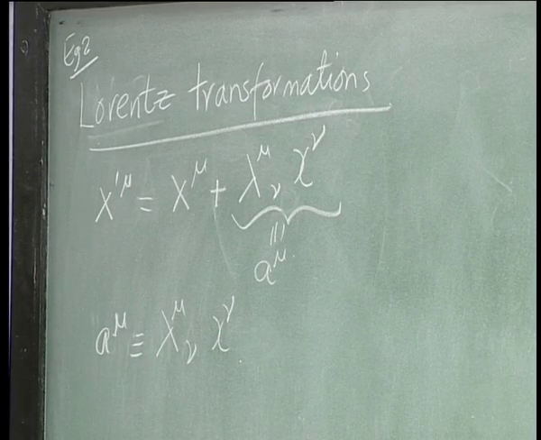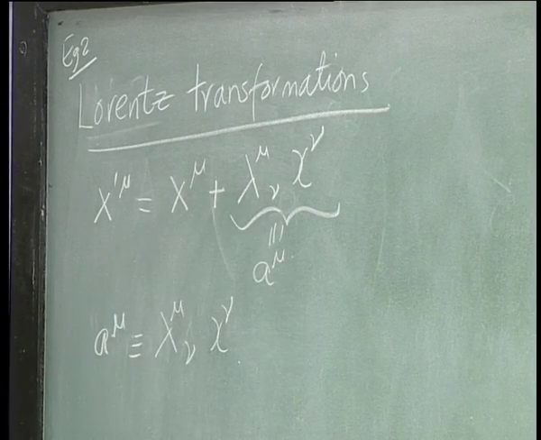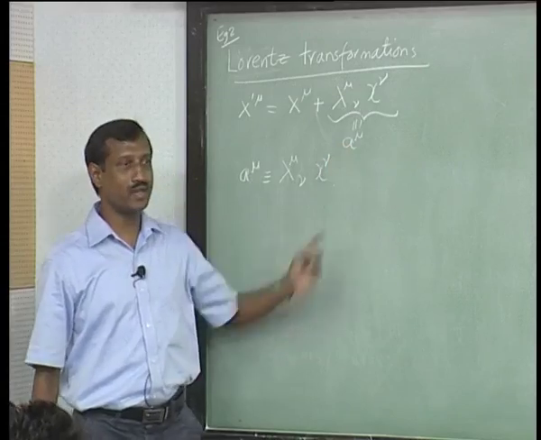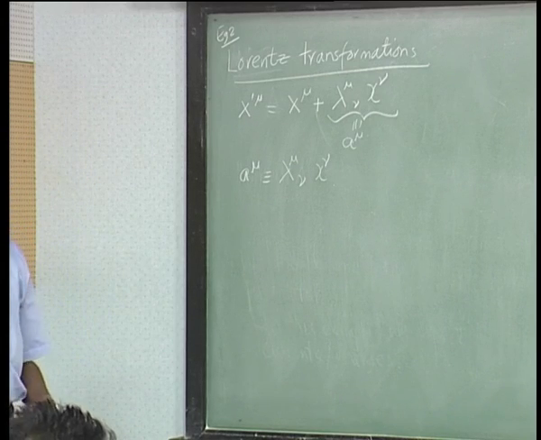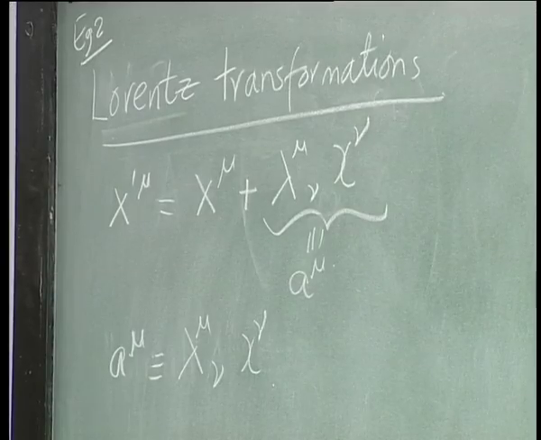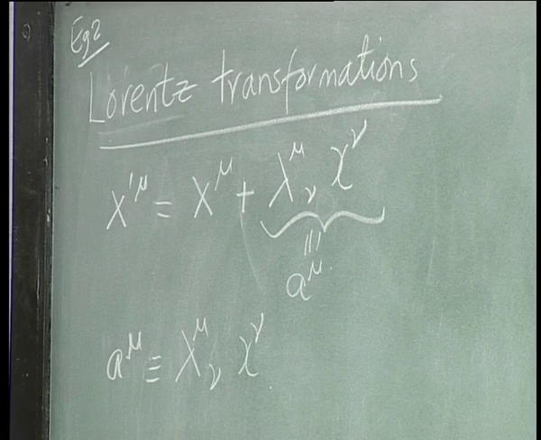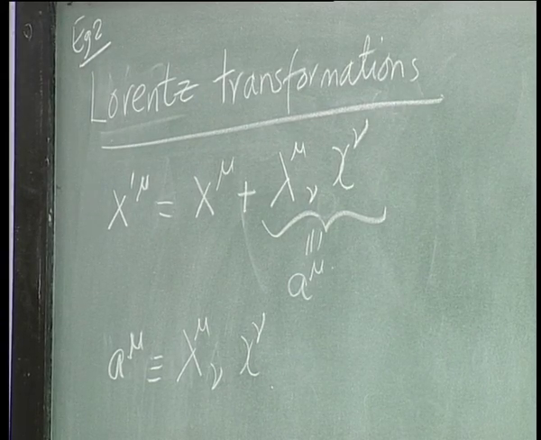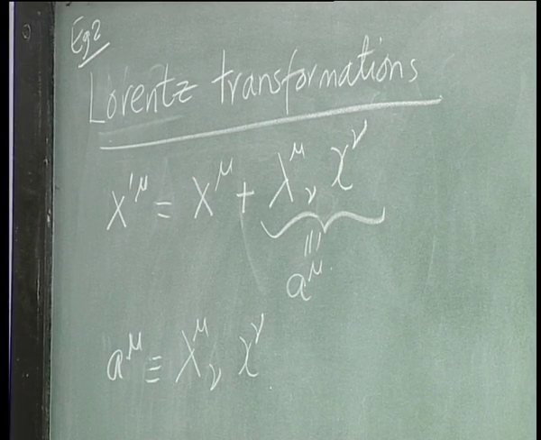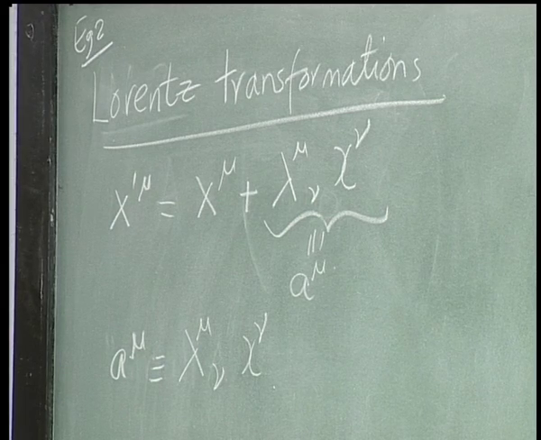Actually, it is important to realize that even if the parameter lambda is small, this combination a mu need not be really small. Think about a rotation. I make a rotation by a very small angle, but if you ask how much distance it moves, if you go to a distance r away, it changes by r times the angle. Theta could be small, but I could make r arbitrarily large.